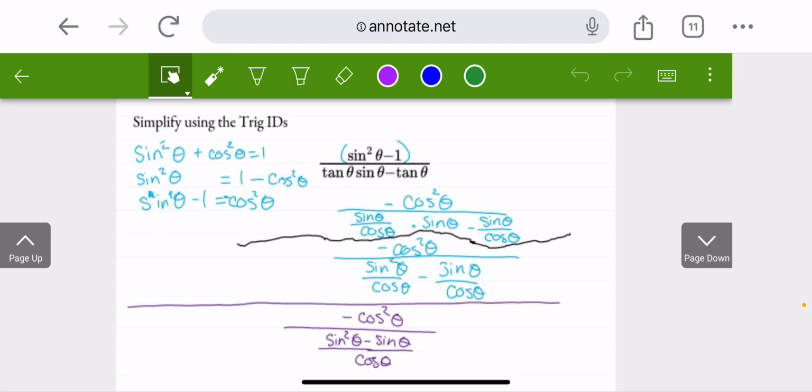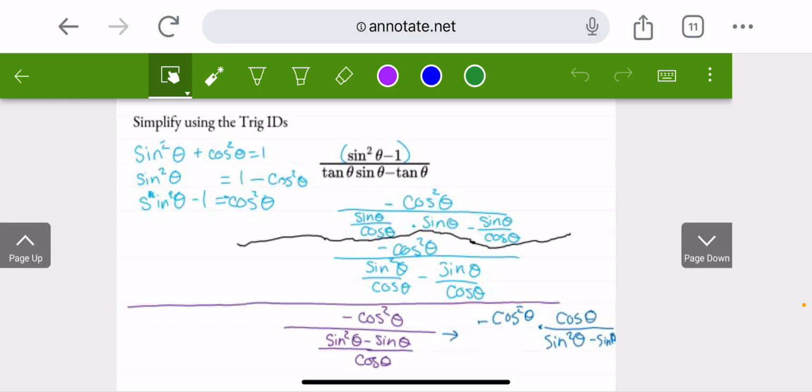Multiply by the reciprocal. So I'm going to come this way with it, trying not to write on the very bottom. We have our minus cosine squared of theta times the reciprocal of the bottom, so we have cosine of theta over sine squared theta minus sine theta, which is super gross. I'm going to go on to another page and write that down again.